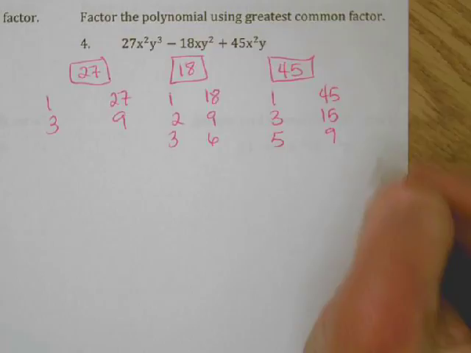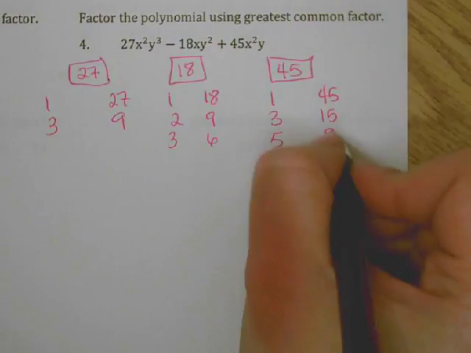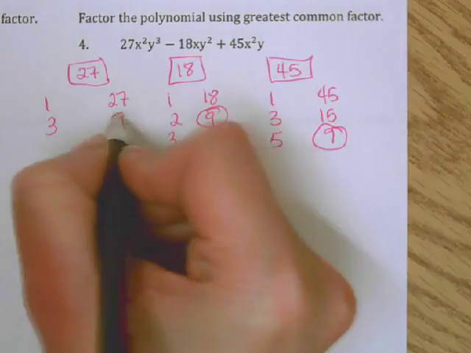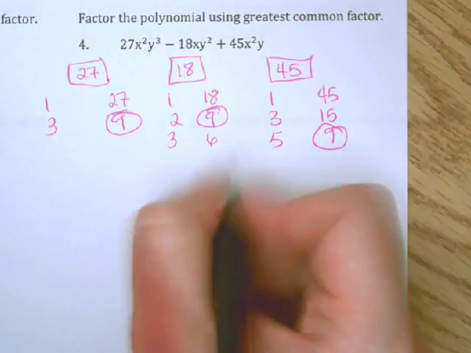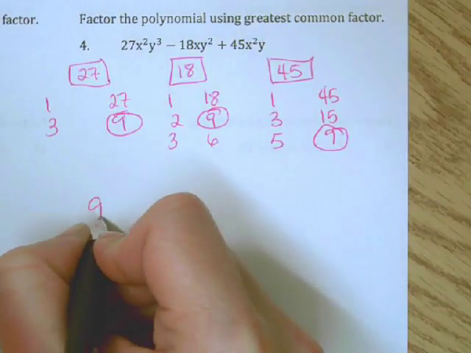So my greatest common factor here, the biggest factor that I have in all three of these, is a 9. So I'm going to divide out a 9 and put that out front.